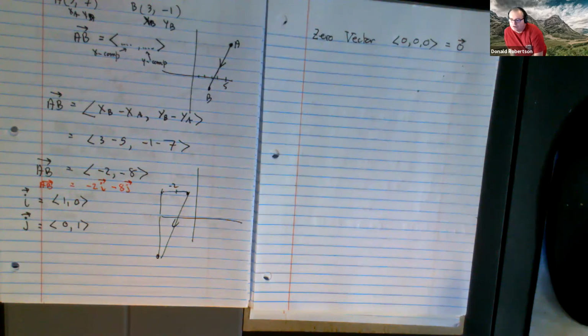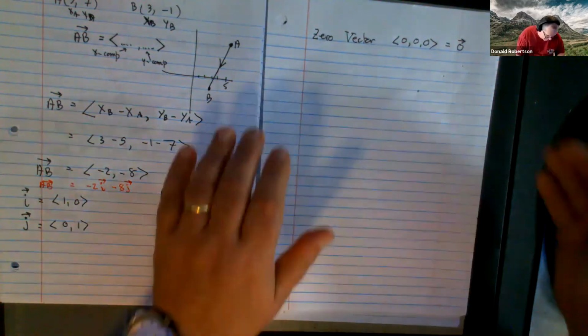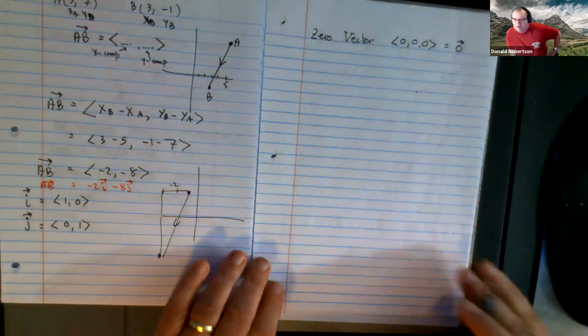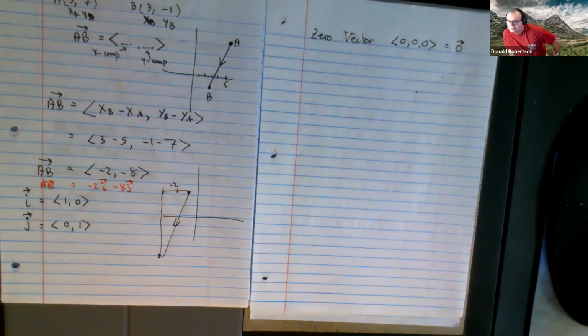I'm now going to draw the zero vector. Anybody tell me what I should draw to represent the zero vector? Is it just a point? There it is. There we go.